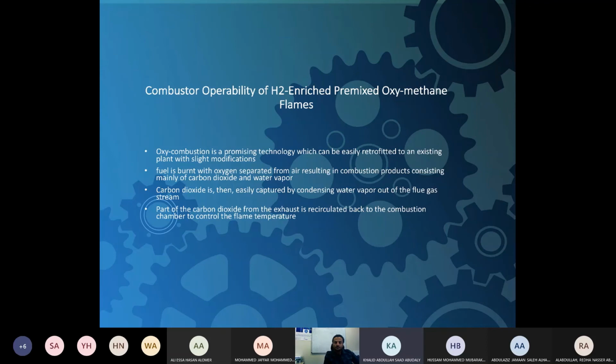Carbon dioxide is captured by condensing the water vapor out of the flue gas stream, and as we said earlier, combustion with pure oxygen is undesirable due to the excessive temperature rise in the flame zone. So part of the carbon dioxide from the exhaust is recirculated back to the combustion chamber to control the flame temperature.